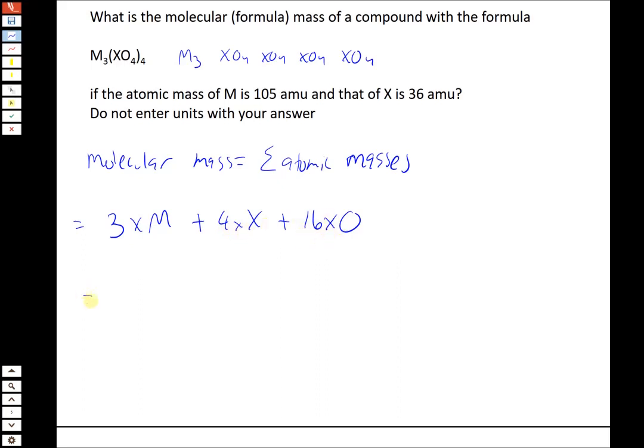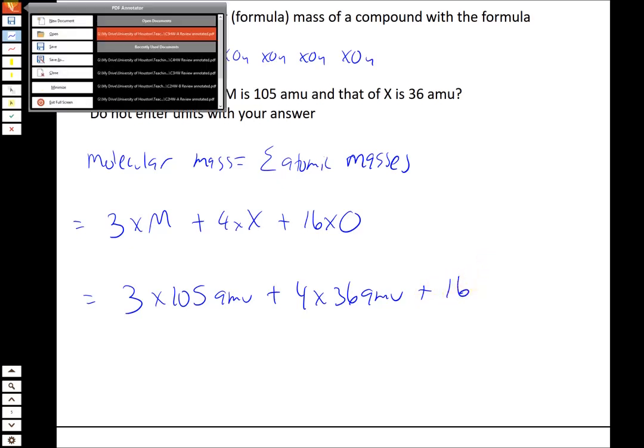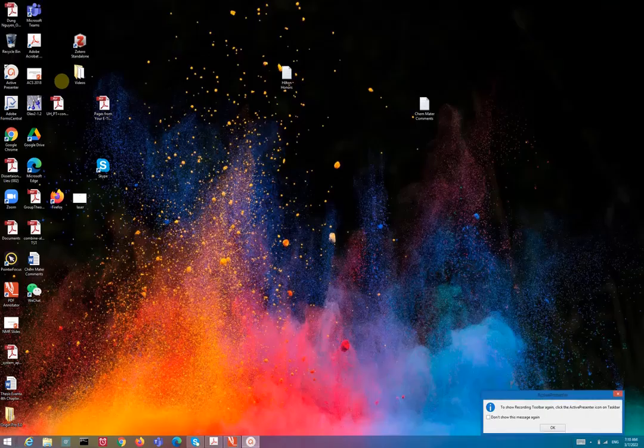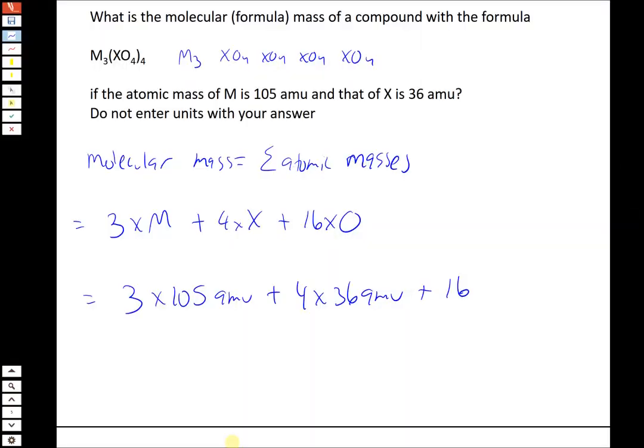All right, so when we write those out, for the metal it's going to be 105 AMU, that's given in the problem. It's not a real element, so it's given to us. For X, there's 4 of them, and the mass is given as 36 AMU. Again, that's not a real element, so it's given to us. And then for the last one, we have oxygen, O, which we have to look up. So 16 oxygen atoms, and the atomic mass of oxygen we can get from the periodic table.